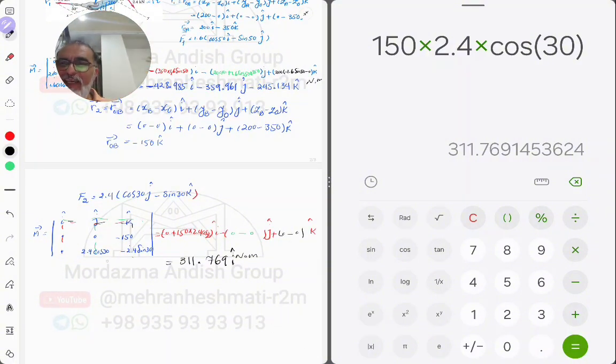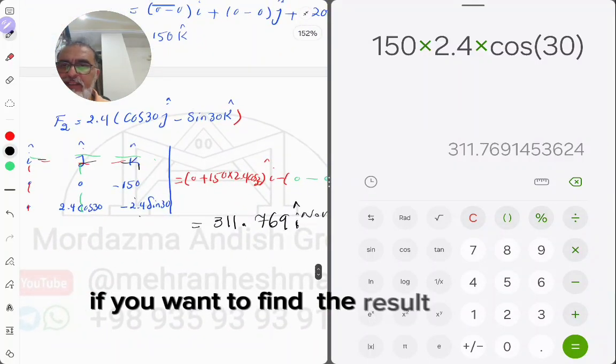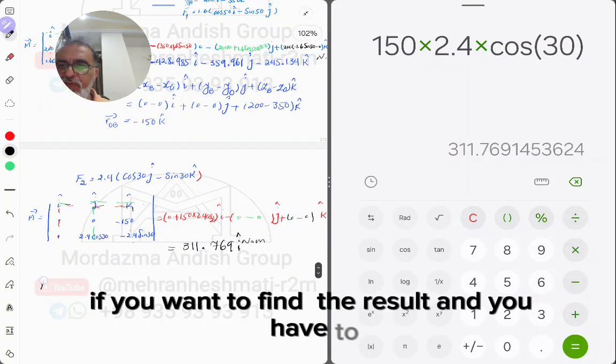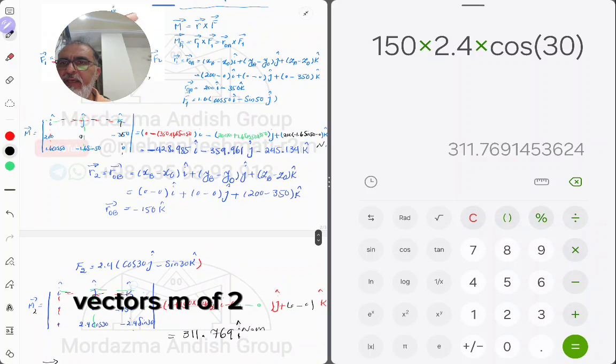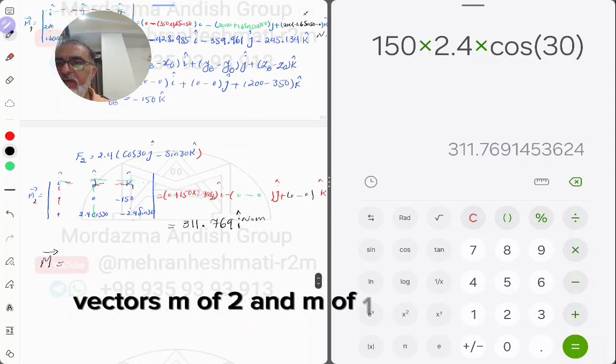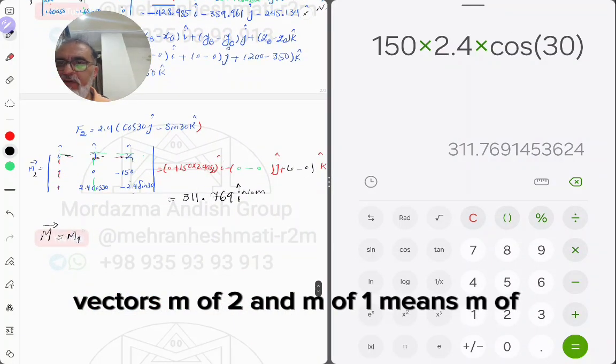If we want to find the result M, we have to add these two vectors, M of 2 and M of 1, means M of 1 plus M of 2.